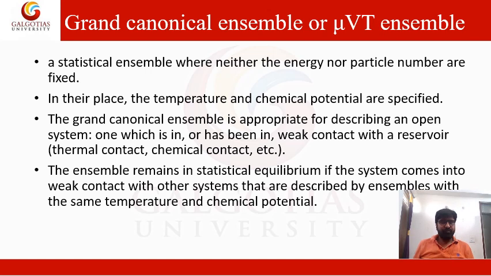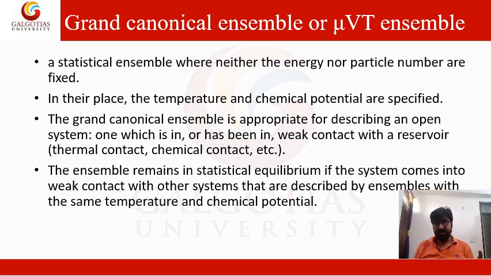So for this particular ensemble, what we are seeing is that temperature and chemical potential remain constant, but the variation will be in the number of particles, because the system is not closed. It's an open system, just like a chemical reaction.